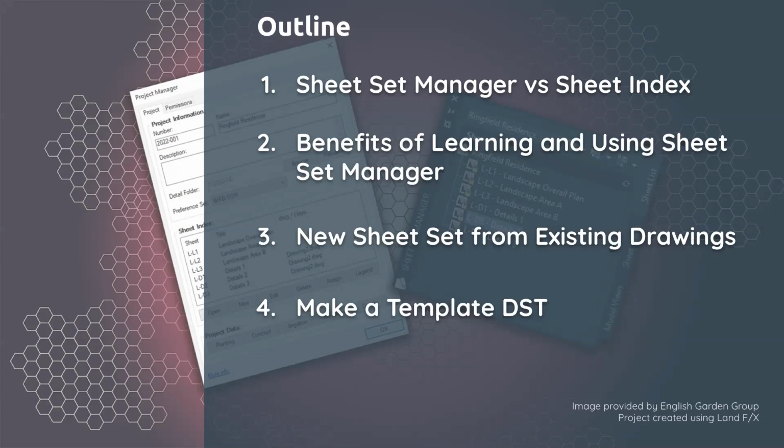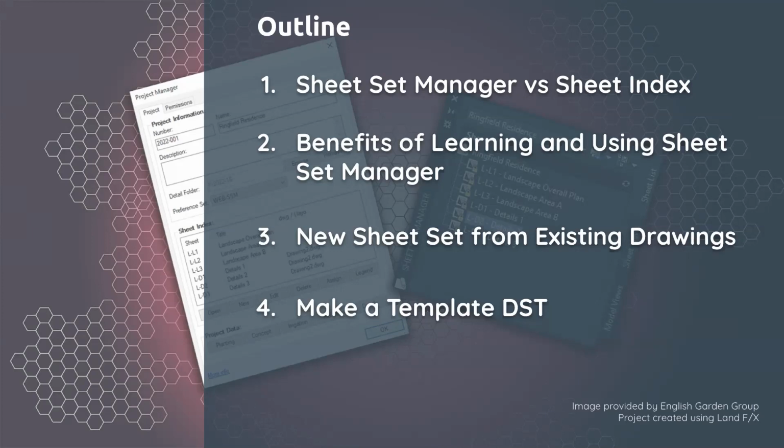I know that there are as many methods to set up and organize your sheets in the Sheet Set Manager as we have firms using it, because I've seen you guys send them in for technical support. I see that little DST file and I might click it just to see how you're organizing it, and there's a lot of different ways.